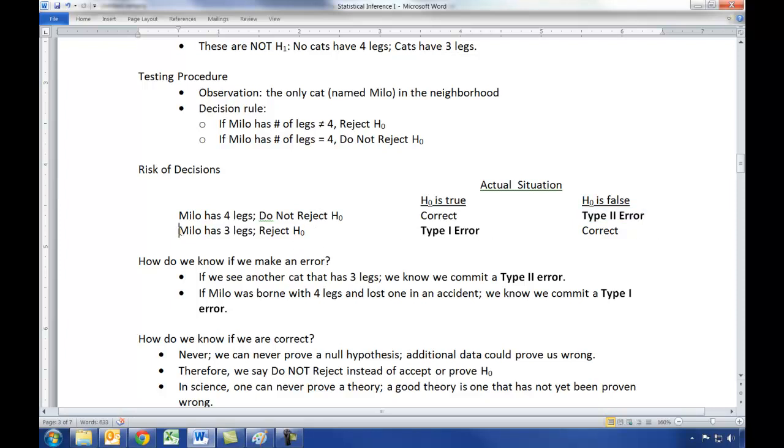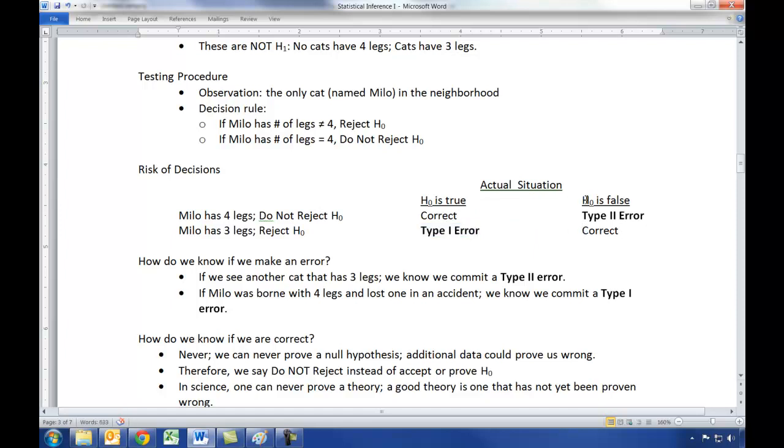On the other side, if Milo happens to have 3 legs, based on our decision rule, we will reject the null hypothesis. If H null is actually true, then we'll be making the other type of error, called a type 1 error.